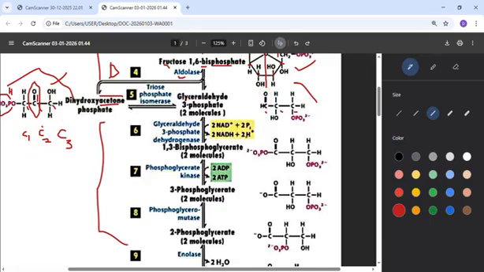That's why we call it dehydrogenase. So how will you be able to get that? Okay, look at this place. The phosphates that we have here, you can see they are still the same phosphates we have here.